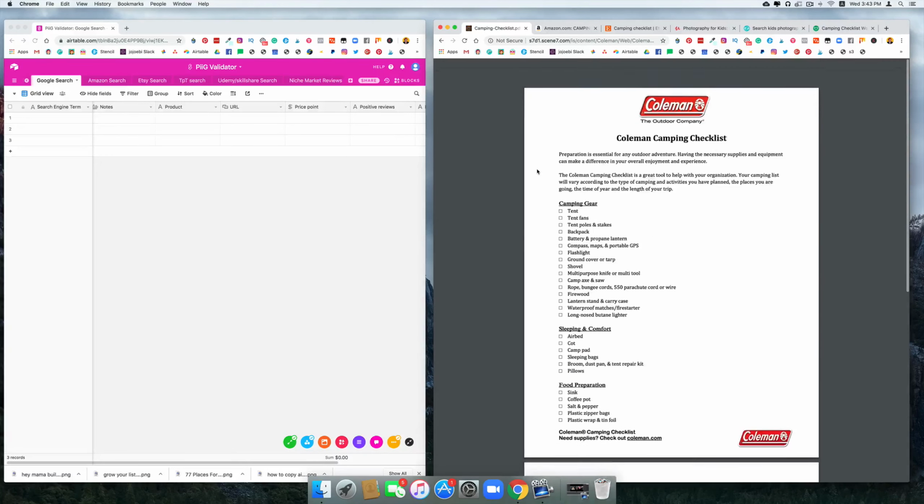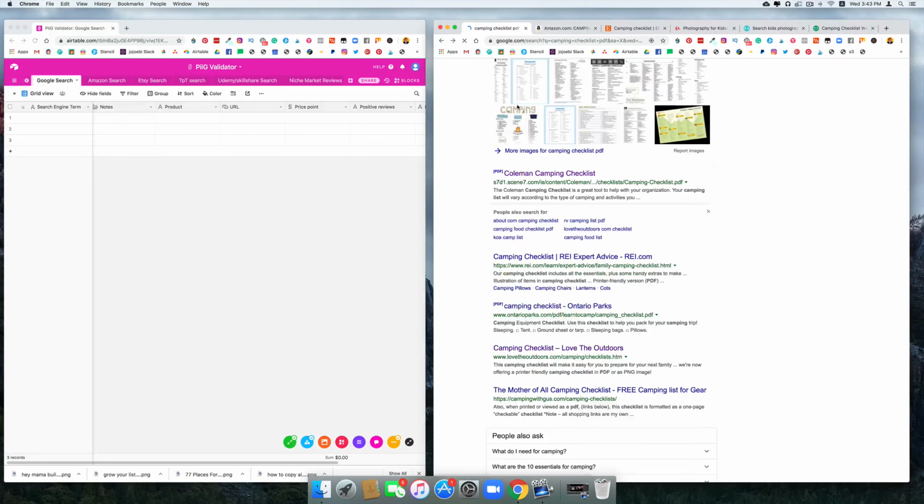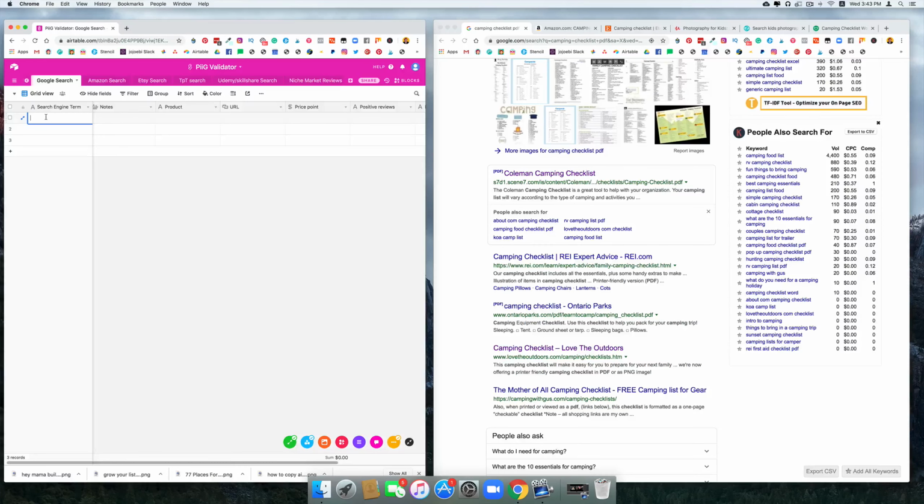So yeah, it's just free PDF. So camping checklist, if we go back to the database, mostly freebie PDFs. Didn't really turn up much product wise.